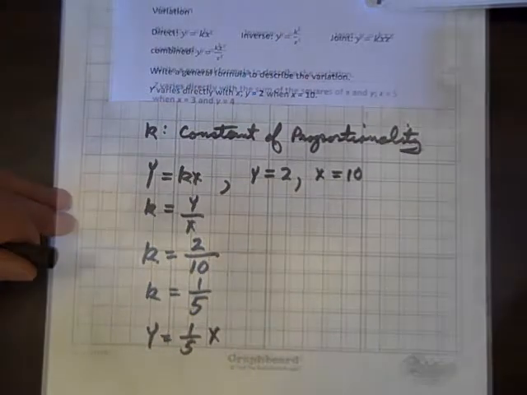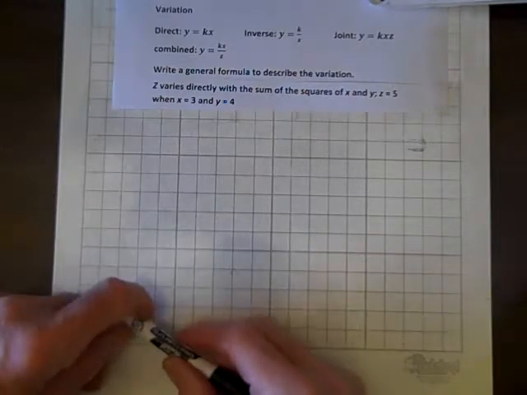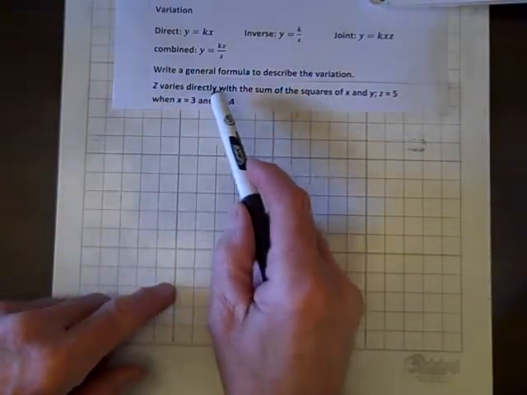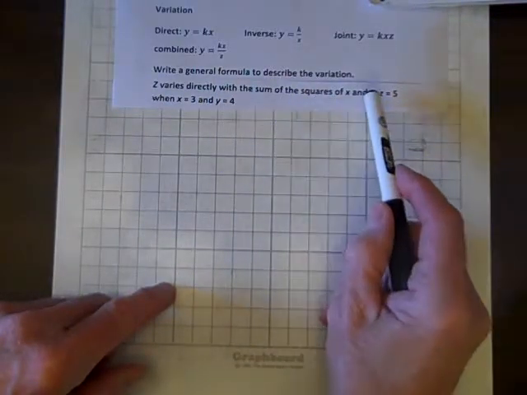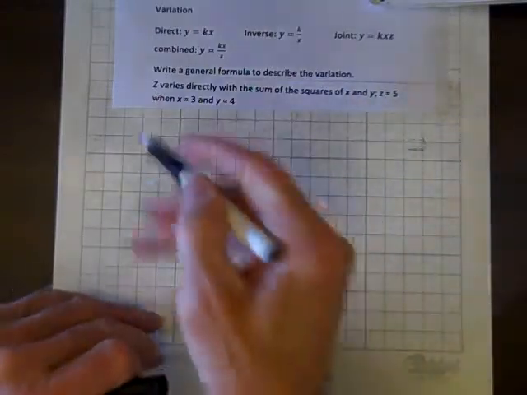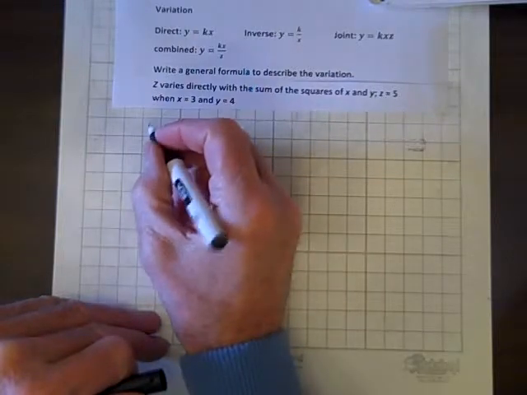Well, this time we have to write the general formula to describe the variation: z varies directly with the sum of the squares of x and y. So again, they told us what type of variation we need to use.